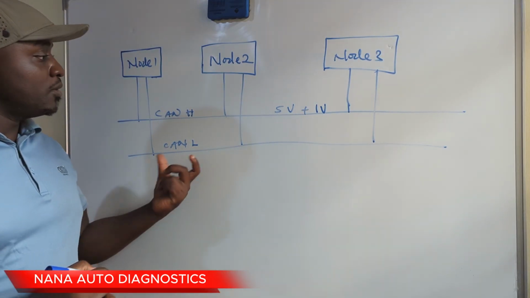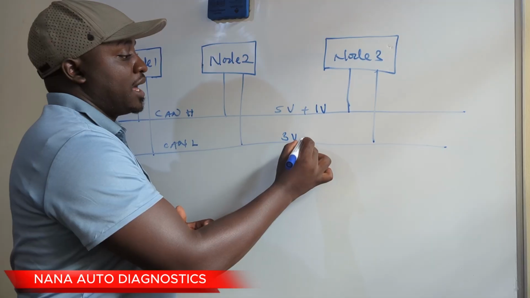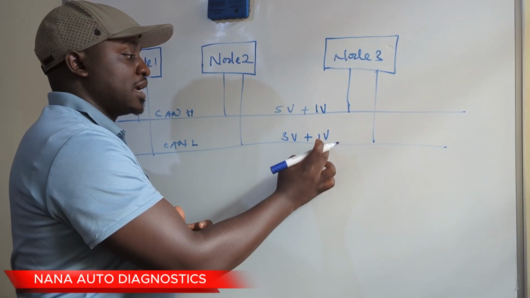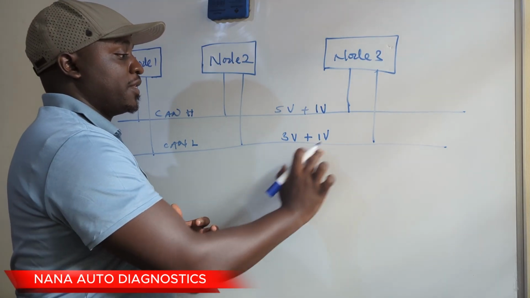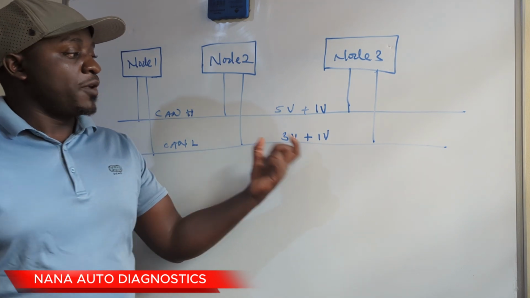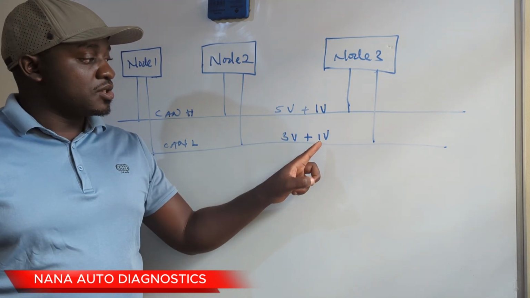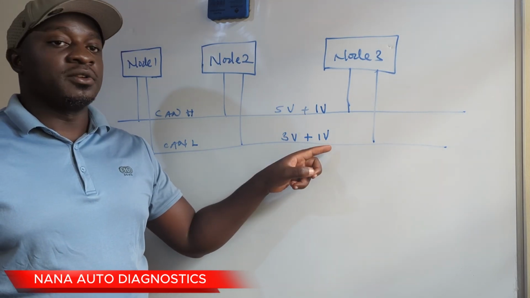And if on CAN low, we are transmitting, let me say, a 3-volt signal, and we encounter still the same electrical noise of 1 volt, this will sum up the entire signal voltage to be 4 volts. So if we are transmitting only this voltage here, this electrical noise will be included in that signal.